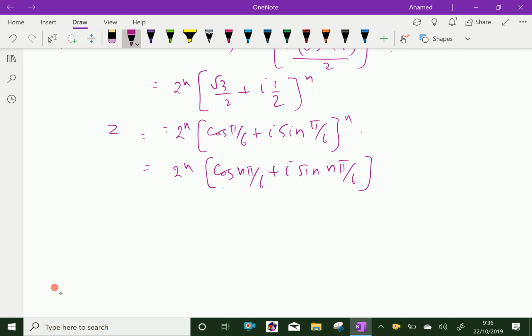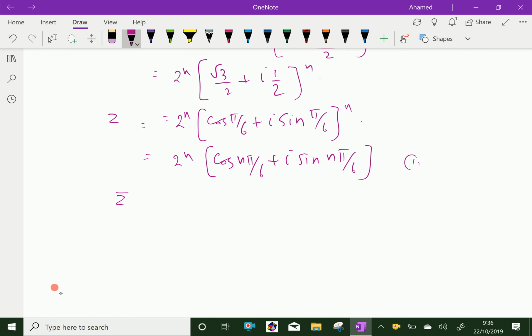Now from that we can say z bar, the conjugate of this complex number, is 2^n (cos(nπ/6) − i sin(nπ/6)). Let it be 2.